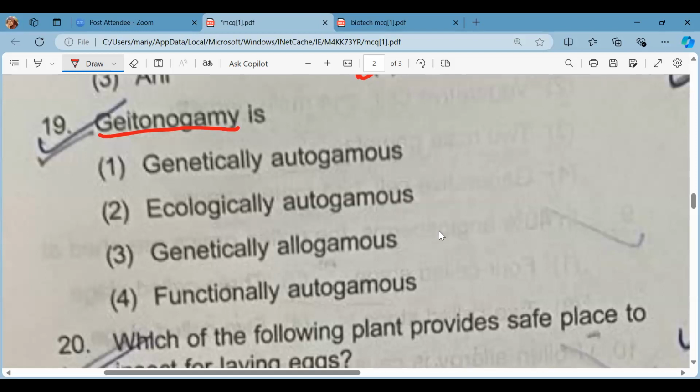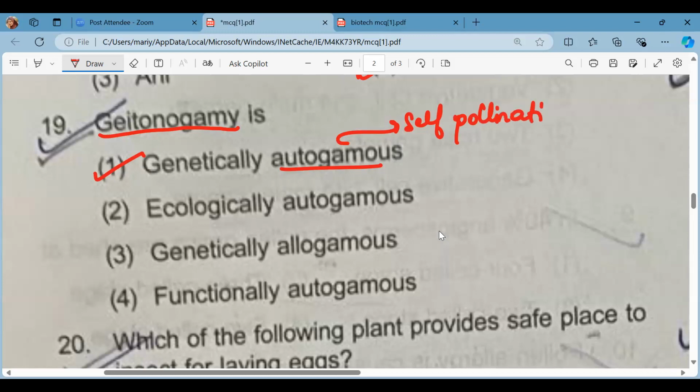You can sort of imagine it as self-pollination, but in this kind of pollination, the transfer of pollen grains from one flower to another of the same plant takes place. Even though the pollen is of a different flower, the plant is the same. So the pollen grain will be of the same plant, so there will be no variation. So it will be genetically autogamous. Autogamous means self-pollinating.